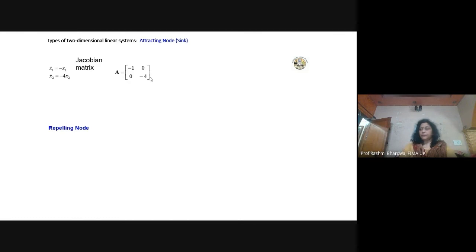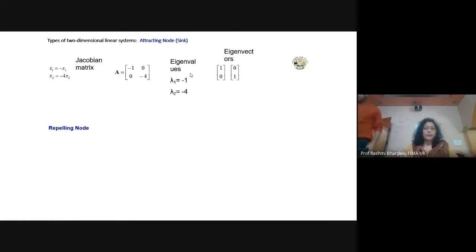And when we find it, the eigenvalues come out to be minus 1 and minus 4. Correspondingly, the eigenvectors corresponding to minus 1 is 1, 0, and 0, 1.